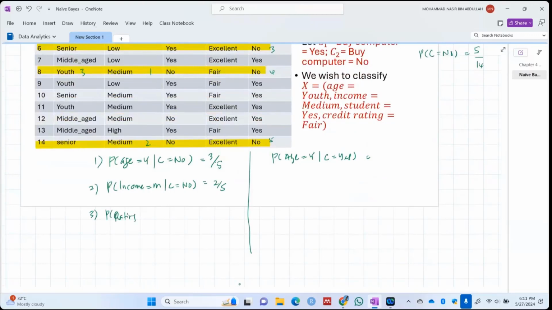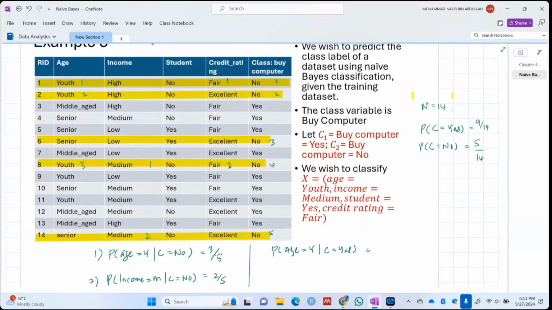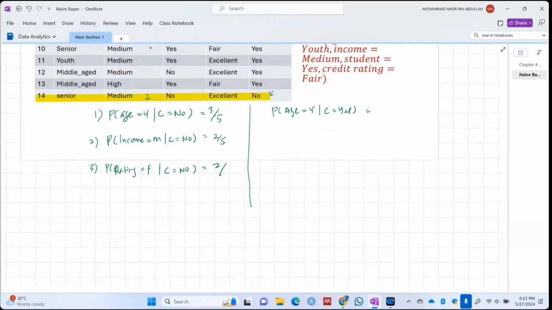Rating equal to fair given C equal to no. We just focus on our objective. So this one should be 1, 2, right? So 2 over 5.